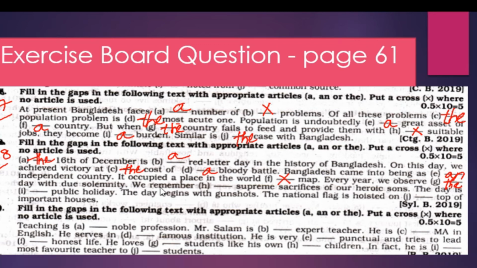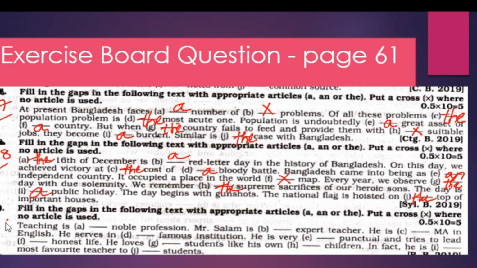We remember the supreme sacrifice of our heroic sons. The day is a public holiday. The day begins with gunshots, and the national flag is hoisted on the top of important houses.